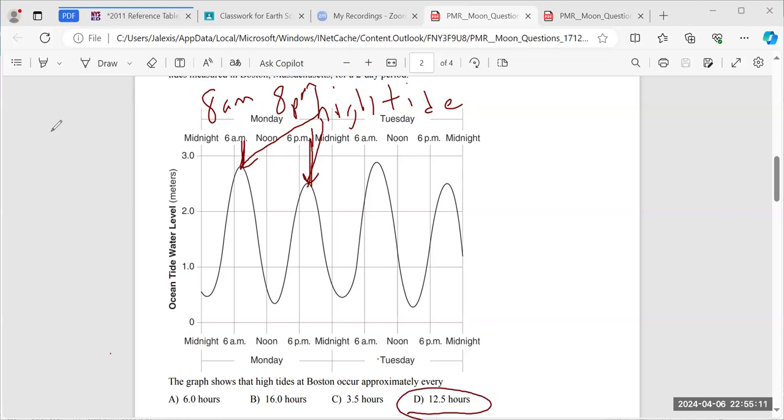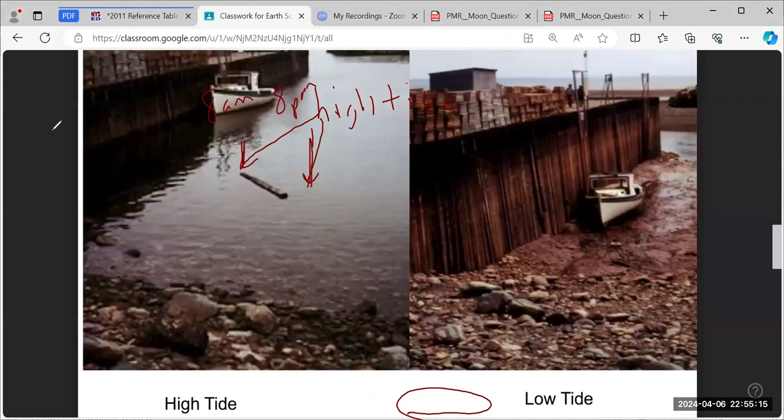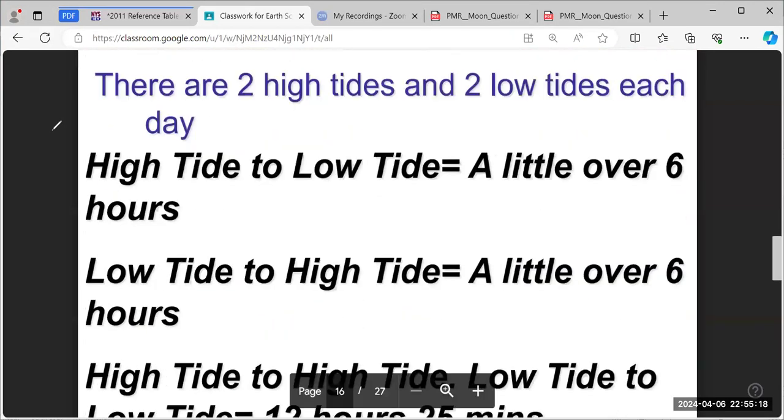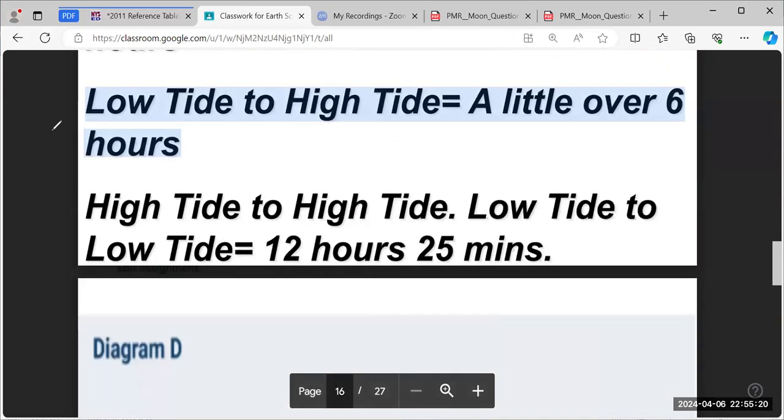Now, in our notes, we also know, and this is just an estimate, that to go from a high tide to a high tide or a low tide to a low tide is going to be about 12 hours and 25 minutes. This is just an estimate.